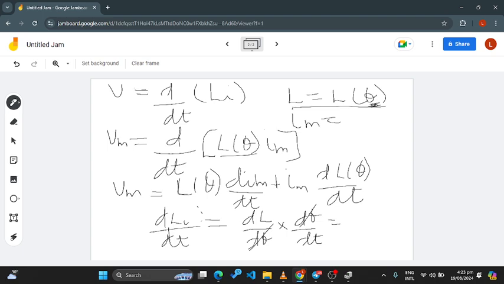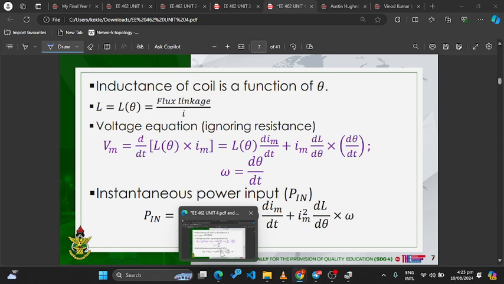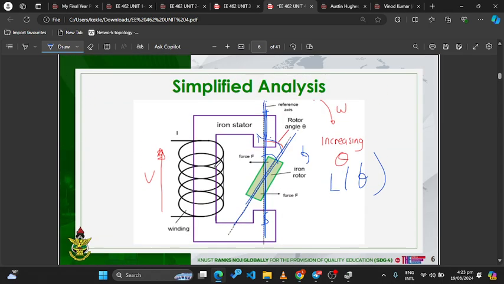I think this equation here makes sense. If we are able to find the change in inductance with respect to angular position, and we are able to find the change in angular position with respect to time, because with time the rotor position is going to be changing, and the inductance also depends on this angle, then we multiply the two.